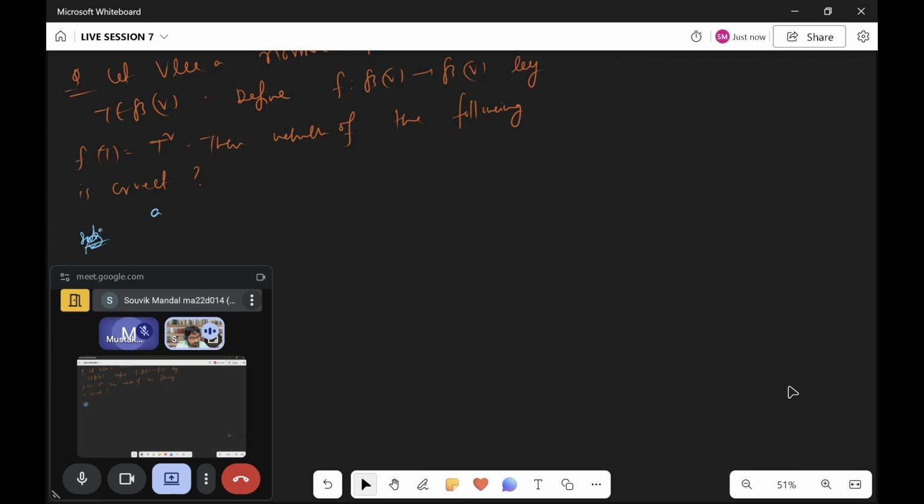So the options are: A, f is not differentiable at 0.